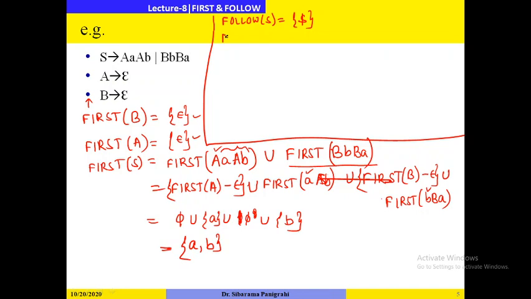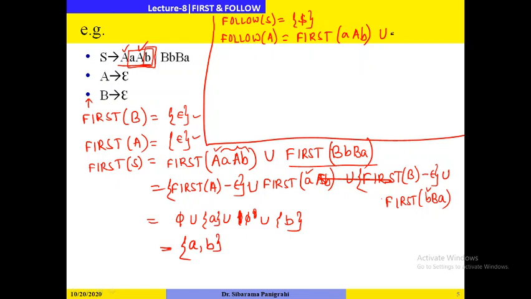Now let me compute follow of A. While computing follow of A, which production do I have to look at? I have to look at the production whose right hand side contains A. So you see this production right hand side contains A. So what I will do? Follow of A equals first of the rest, that is first of A B union, for this A, I will compute first of rest, meaning after this A, what are the symbols?